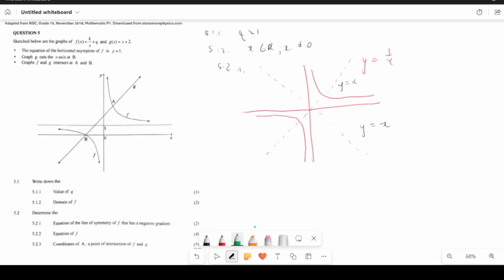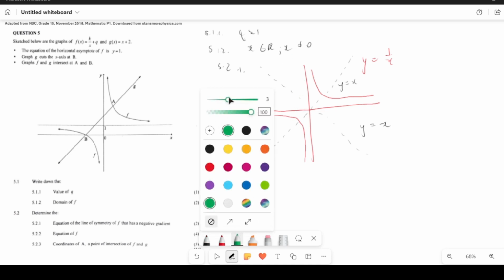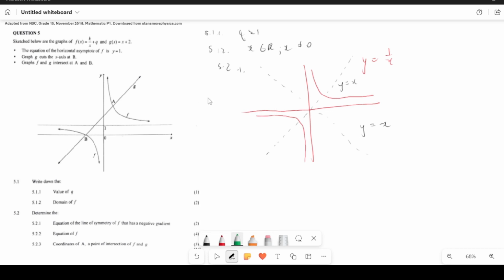Now, as I explained in the previous video, when we talk about reflection, let's say that we have the Cartesian plane here, and I'm trying to reflect this point about the x-axis. I need to do two things. I need to make sure that I reflect it perpendicularly, so it's a vertical shift. It'll move along this value perpendicular to the line of symmetry.